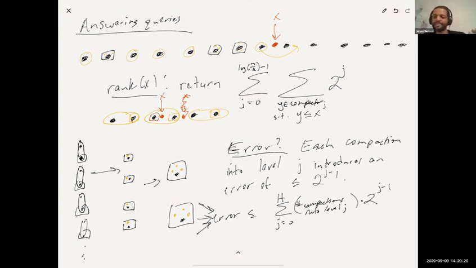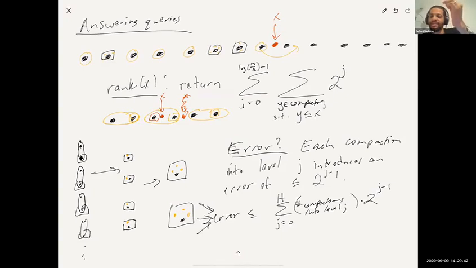Similarly, if you're at level J minus 1 and compacting into level J, whenever you flush items out of level J minus 1, there are K of these items, but each one of those items actually represents 2 to the J minus 1 items.